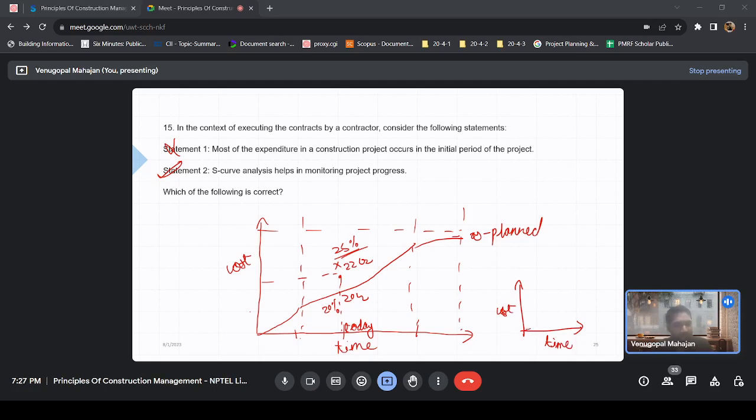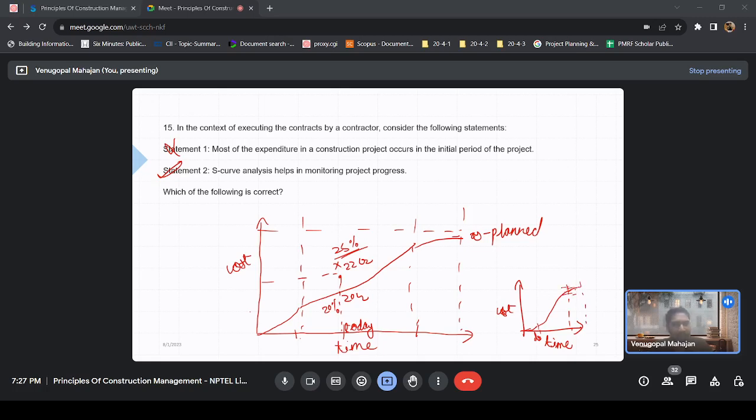At that time, your cost of the project would be on the lower side, right? Till design stage or planning stage, even inviting your tenders. As soon as you go into detailed design or construction, you will see that your cost has started increasing till nearing the end of your construction, and towards the closure phase you will see that it is taking time to close, but the cost variance is not much.